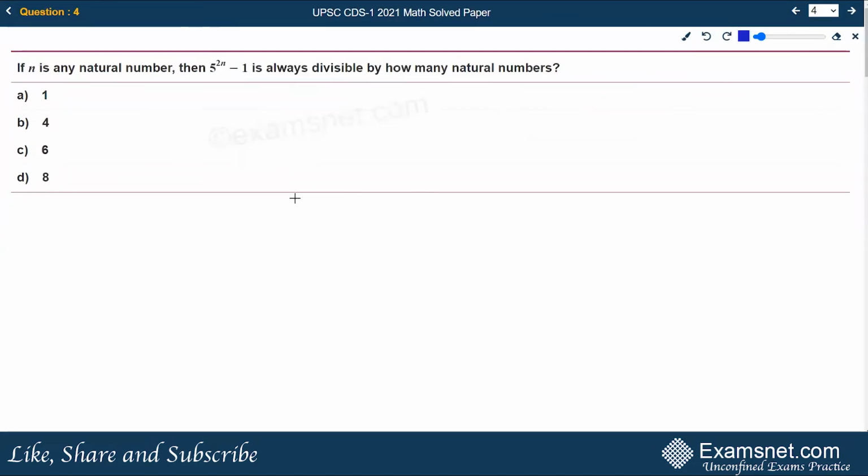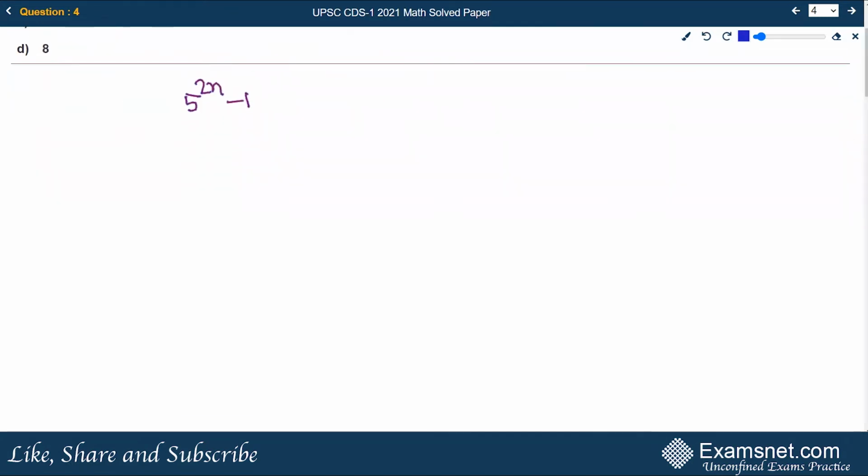In question number 4, it states that if n is any natural number, then 5 to the power 2n minus 1 is always divisible by how many natural numbers. So here the expression given is 5 to the power 2n minus 1. Now we can check by putting values, like let n equals 1.